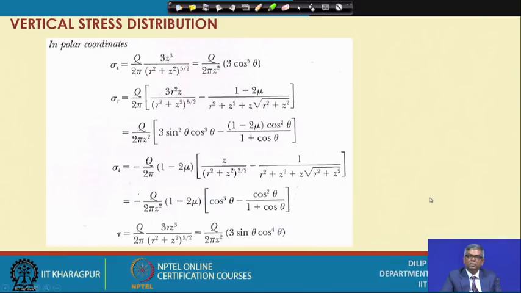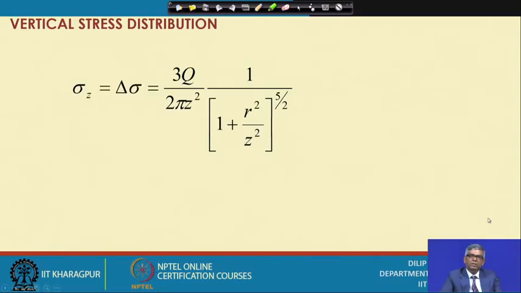This we frequently use as sigma z. It is not that other stresses are not important, but the sigma z magnitude is large, and because of that I am trying to concentrate more on sigma z.